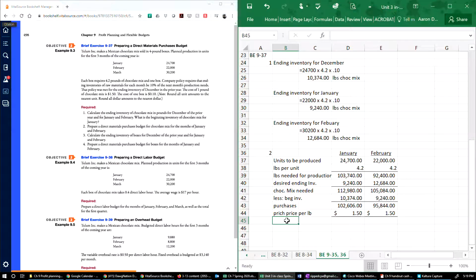Dollar purchases, and so when we compute this, it tells us how much cash on hand we need to have in each month to be prepared to pay for the chocolate mix that the company is going to need to purchase.